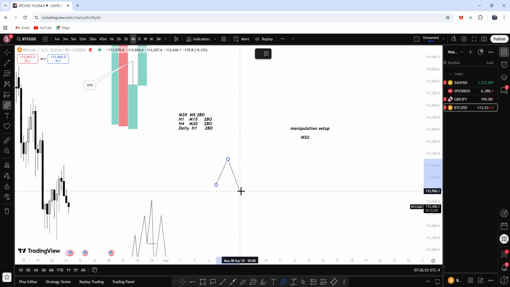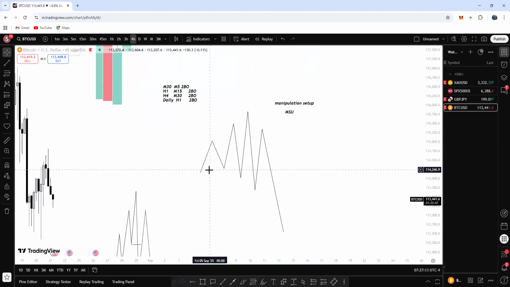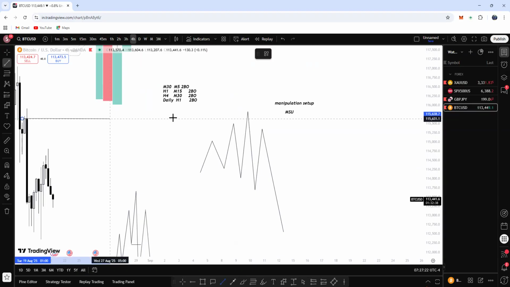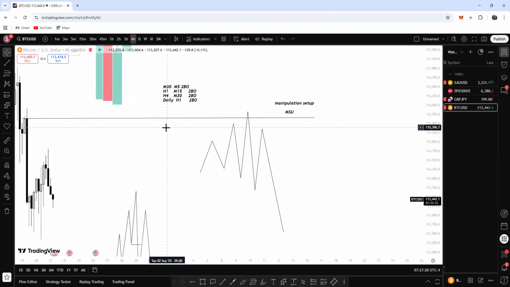For example, what do we have here, guys? Let's say you are looking for market to sell from this sell zone here. But when market now got there, they did something like this.